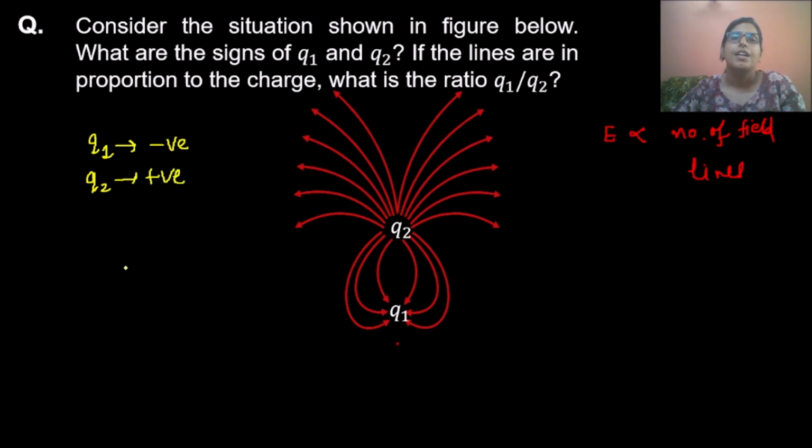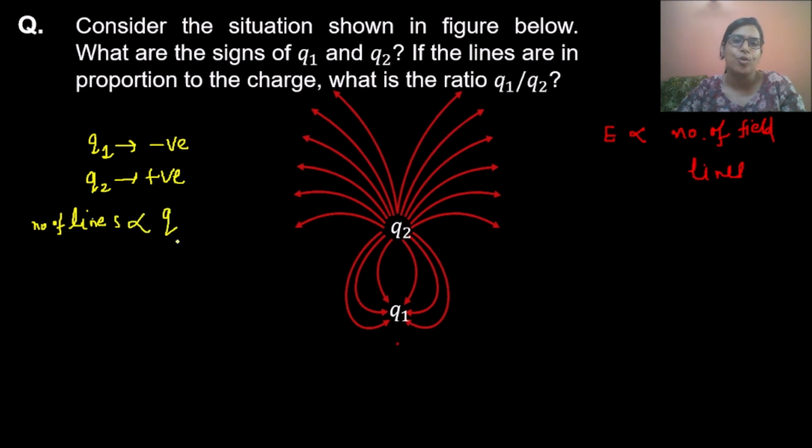Right. Now it is given that the lines are proportional to the charge, that means the number of lines is directly proportional to the charge.